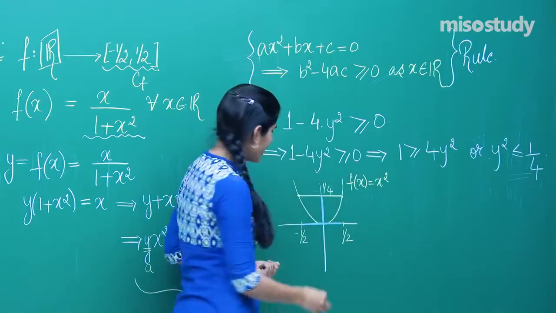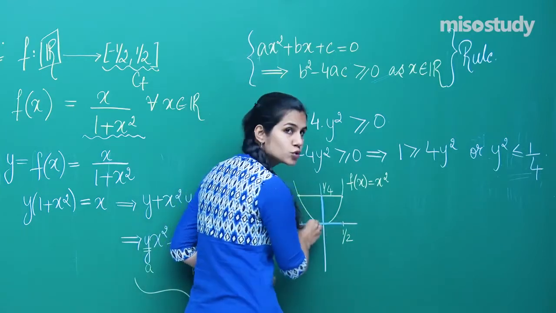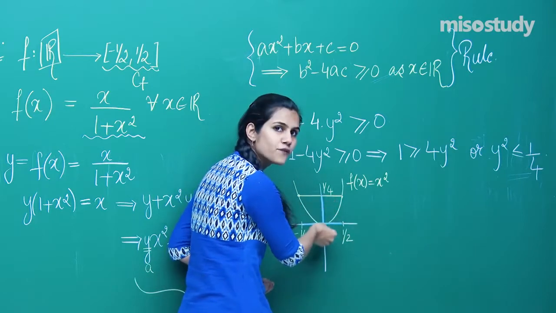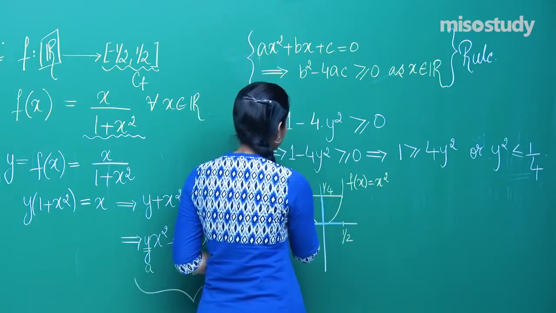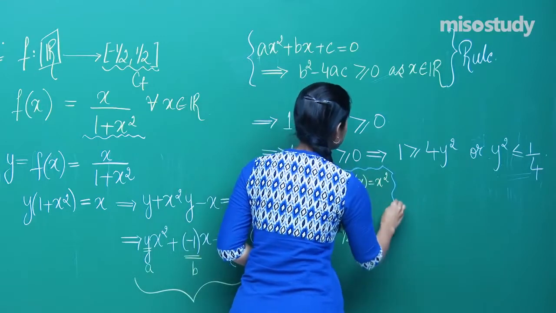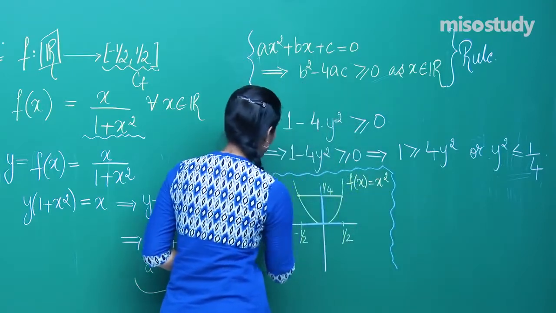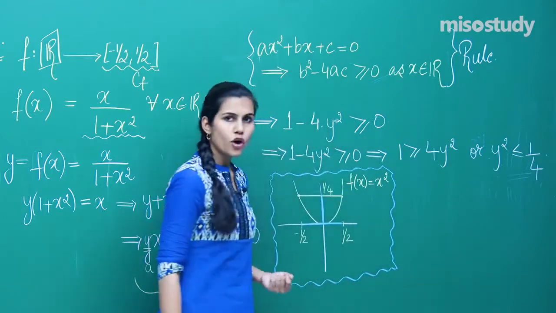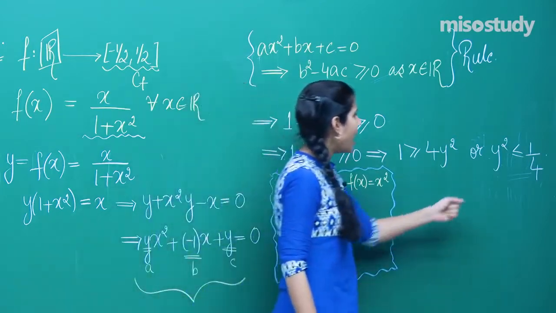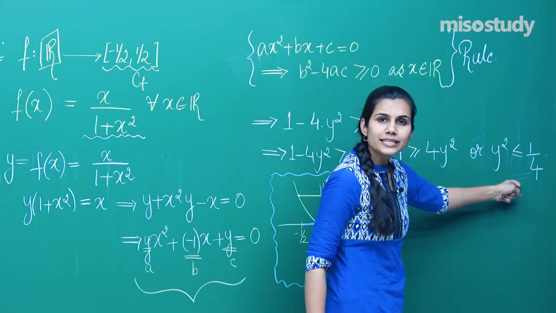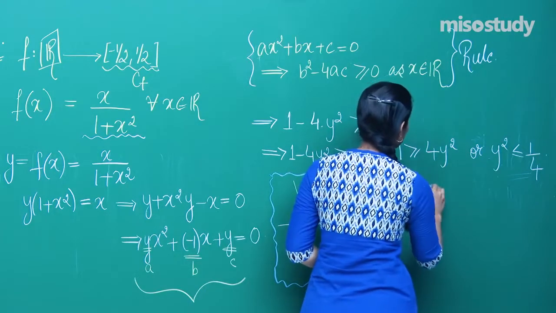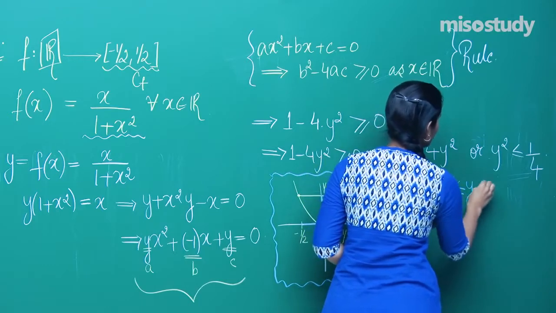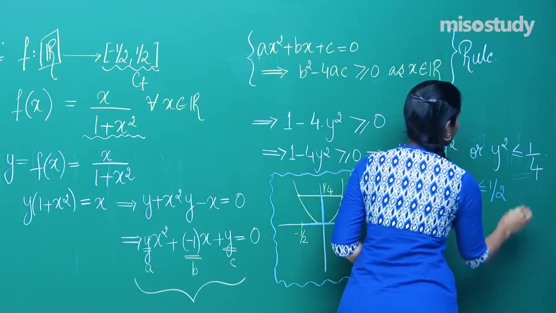Because only when x varies from minus 1 by 2 to 1 by 2, x square varies from 0 to 1 by 4. And that is why, if I consider this as a piece of information coming from the graph of f(x) equals x square, I know for y square to be less than or equal to 1 by 4, this is only possible when y is between minus 1 by 2 and 1 by 2.